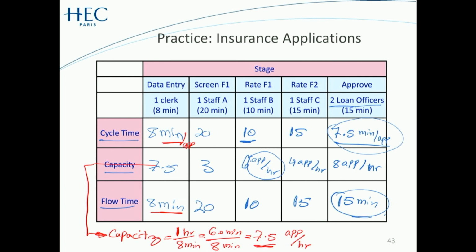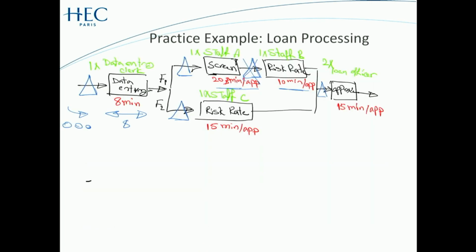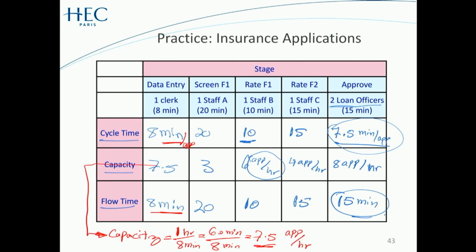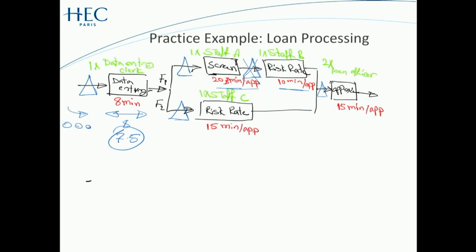Now, given that we have calculated these capacities, the capacity for the data entry is going to be 7.5, the capacity for screening is going to be 3, here our capacity is going to be 6, here our capacity is 4, and here the capacity is 8.